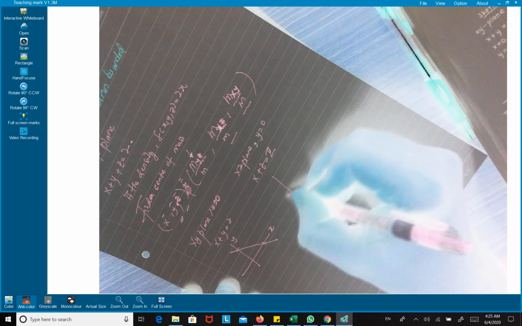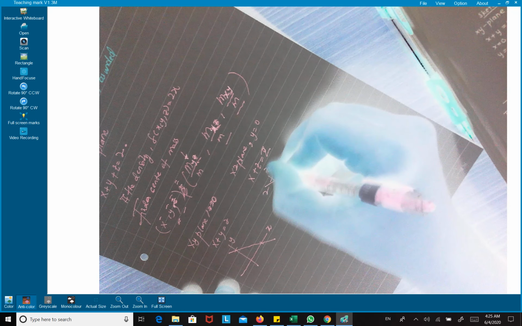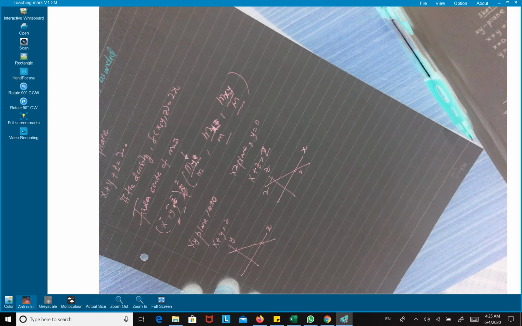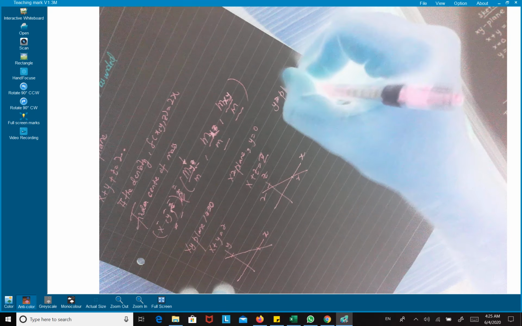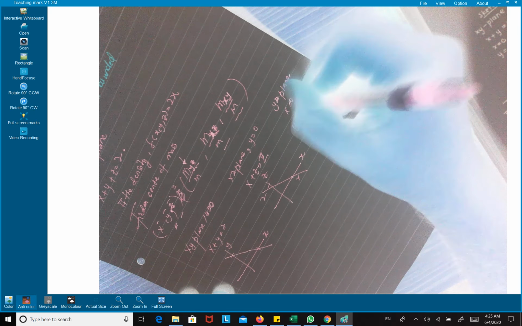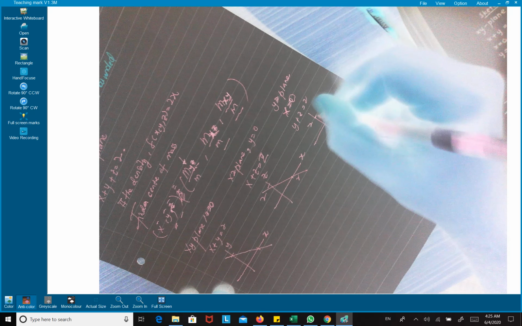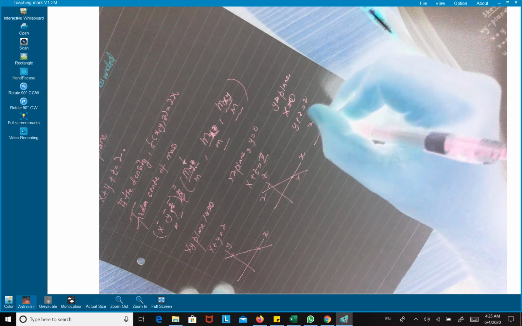Again 2, 2. This time the yz plane: x equals 0, y plus z equals to 2. So you will end up with 2, 2 again, but this is the zy plane.